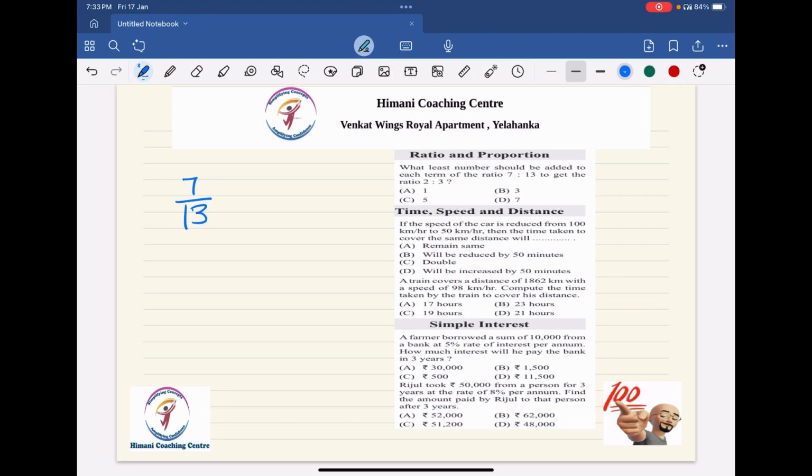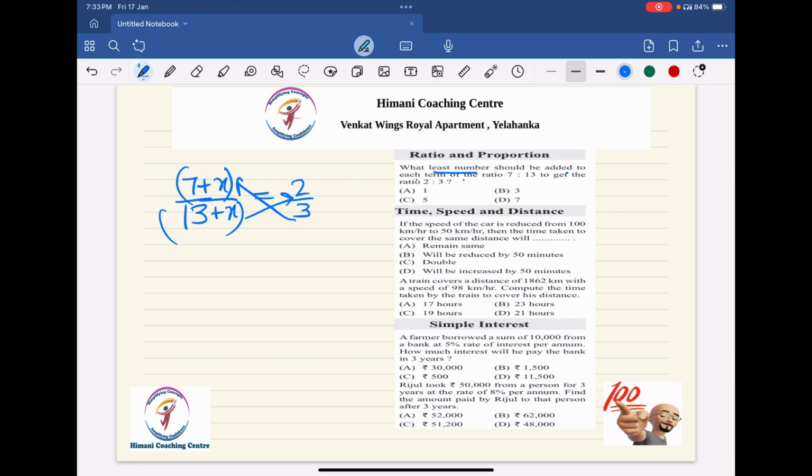So we will say let that number be x. So I will say 7 plus x over 13 plus x, and according to question that is equal to 2 by 3.